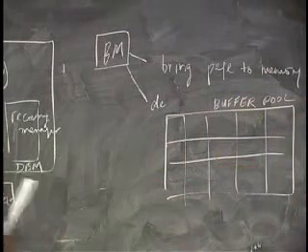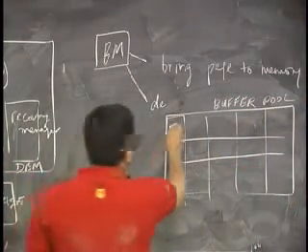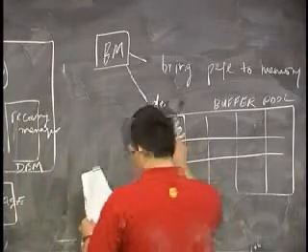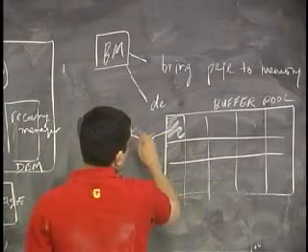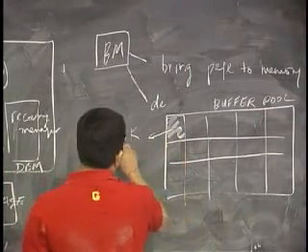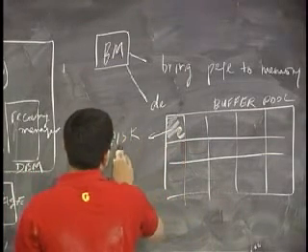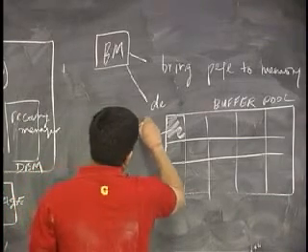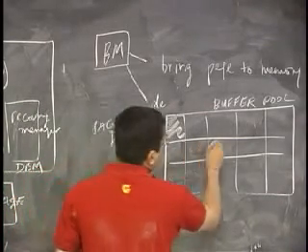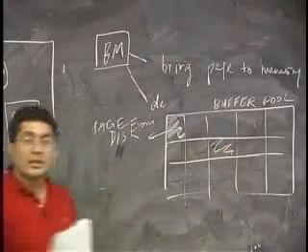So it divides the whole memory that is available into a buffer pool, and some of these frames will have a page that is already there from the disk, like a snapshot, and some of them will be empty.